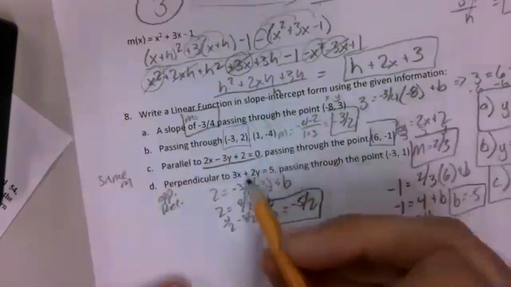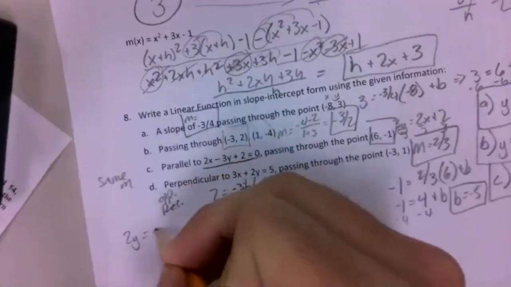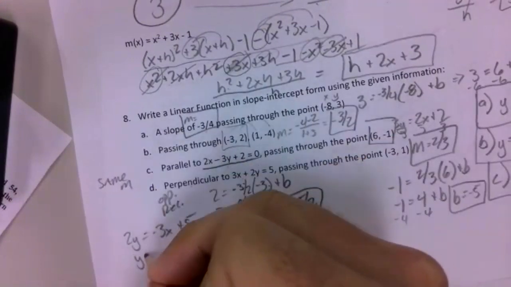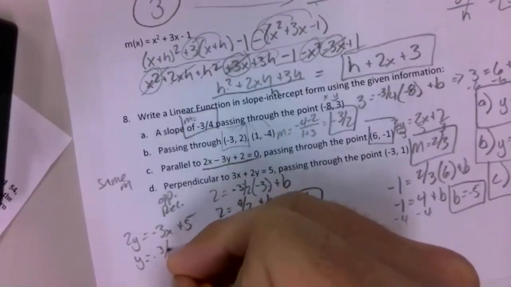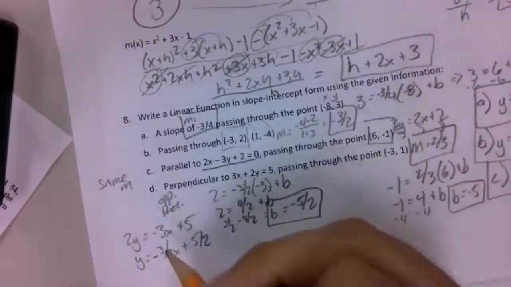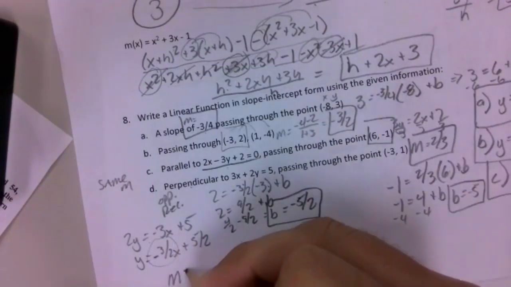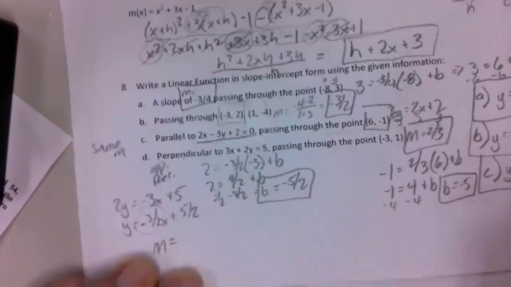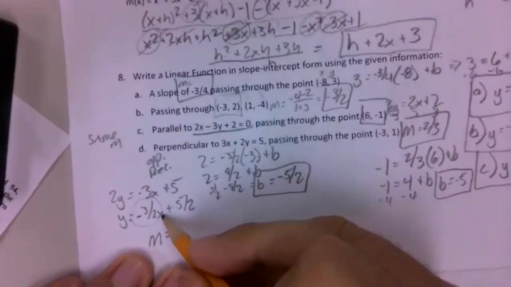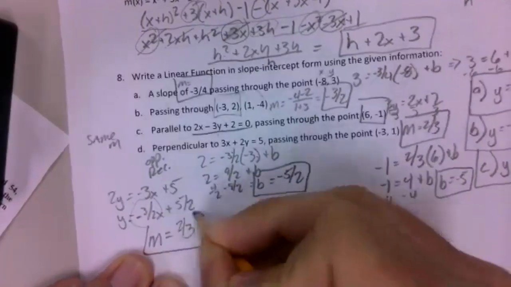D, last one, perpendicular. Again, solve for y. So when I subtract 3x, divide by 2, that's what I've got. But if my slope here is -3/2, what slope do I use? Opposite reciprocal. If it's negative, positive 2/3.